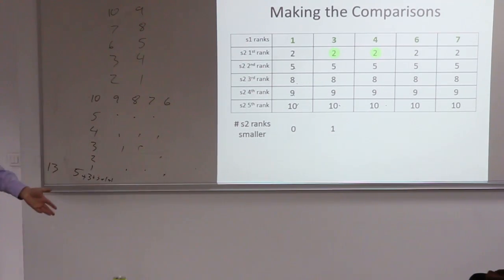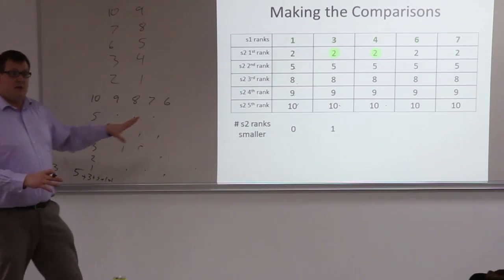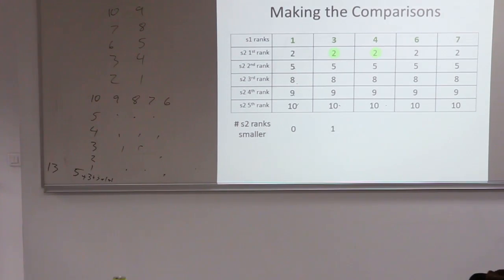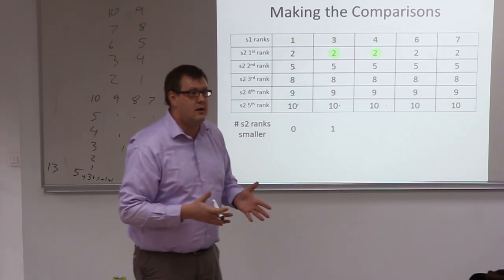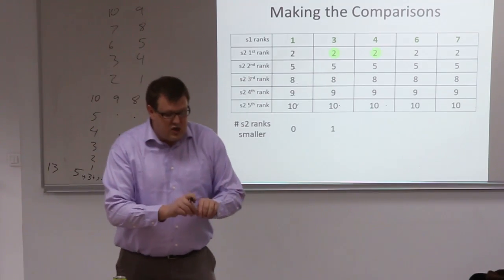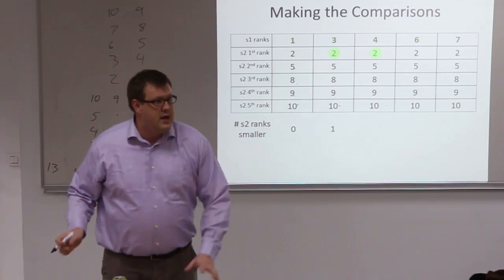What's your W? 25. Your W would be 25, right? So as your W gets a lot bigger than half of the number of comparisons that you're making, this suggests that you are moving away from what you were expecting.